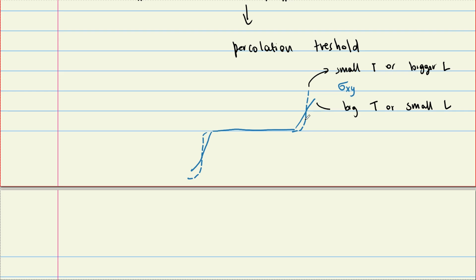So as the sample gets bigger, these transition lines from one plateau to another become sharper and sharper, and they intersect at these critical points. So this is one observation.